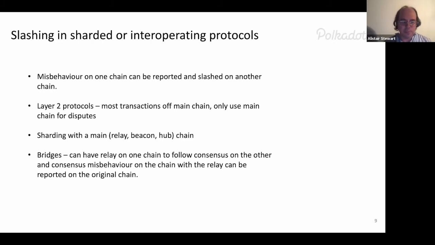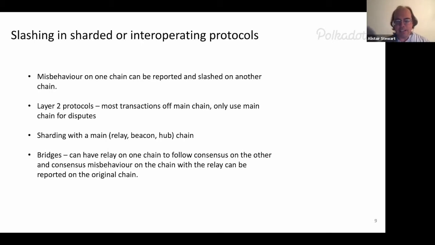Either because we're in a sharded system or we're talking about interoperating between one chain and another, we can report behavior on one chain onto another chain, which means it doesn't even matter if they can censor this one chain. So this is what layer 2 protocols do. If you look at Plasma and the like, if we have transactions off the main chain, we can use the main chain for disputes.